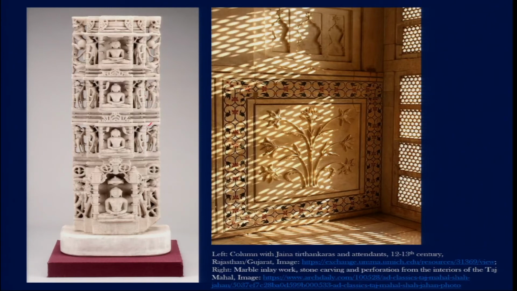a tremendous amount of perforated work that we can see, in which the stone has been carved to the extent that one can see the other side through the carvings of the stone.